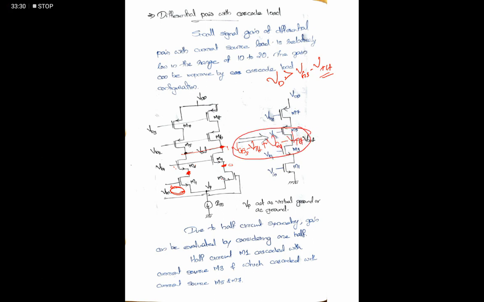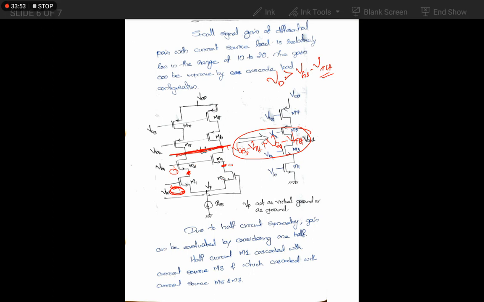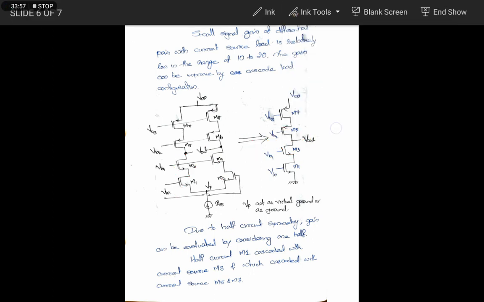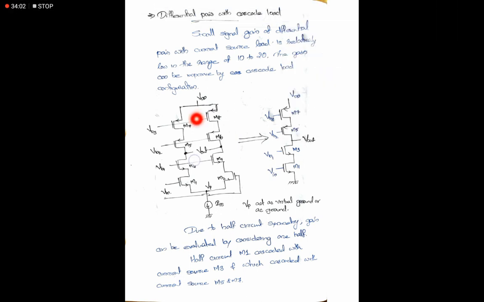So the total minimum value that we can use here is the sum of these two overhead voltages. Otherwise, if we drop below that, these two transistors cannot stay in the saturation region. For keeping in saturation, drain voltage must be greater than the overhead voltage. Similarly here also, if we consider from the input side, we will use this concept later also in the differential op-amp. So please go through this one.